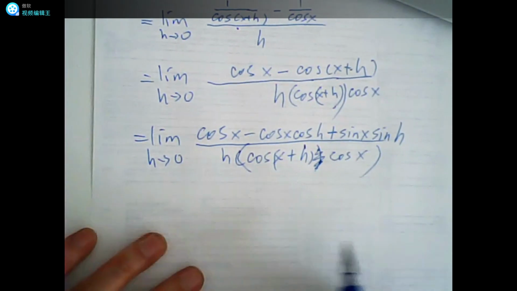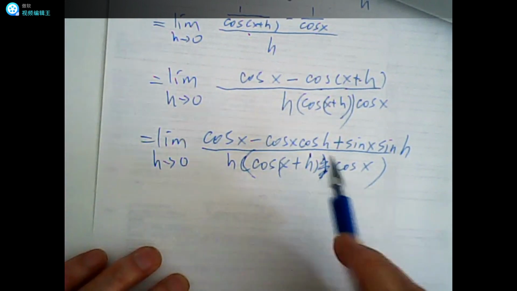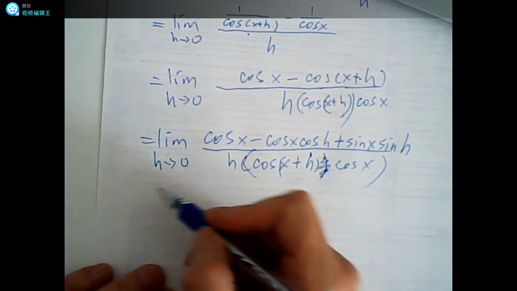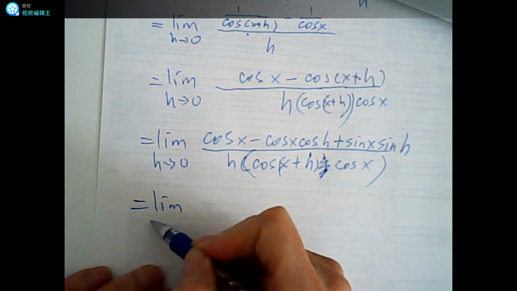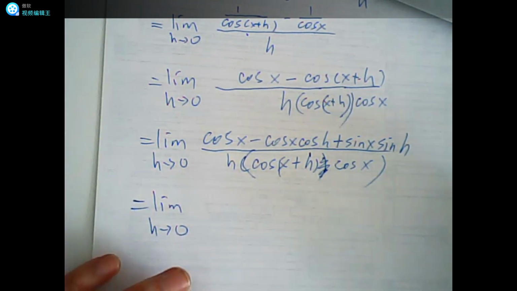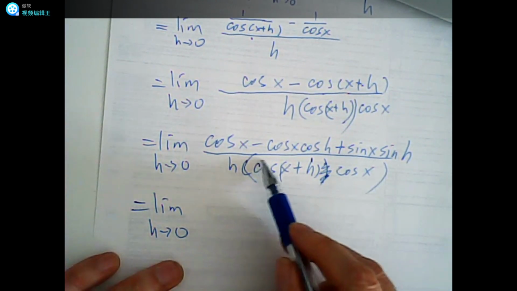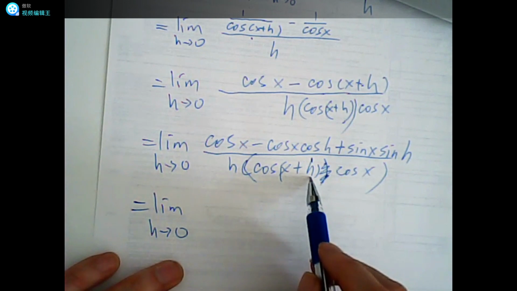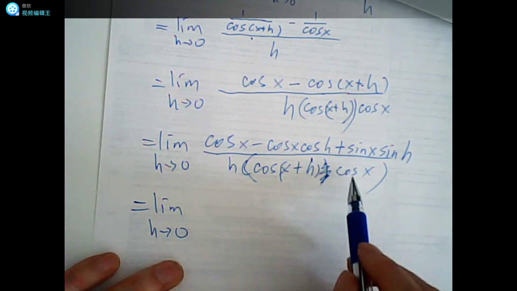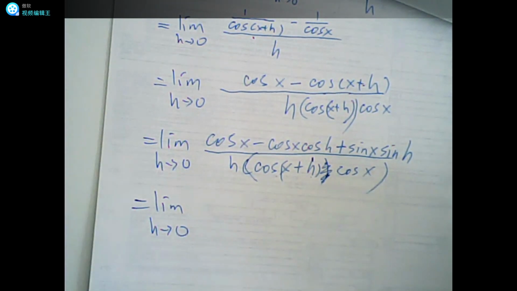So far so good. Excuse me, there may be a mistake here. As h goes to 0, the denominator is cosine x times cosine x, because of the cosine square, right?